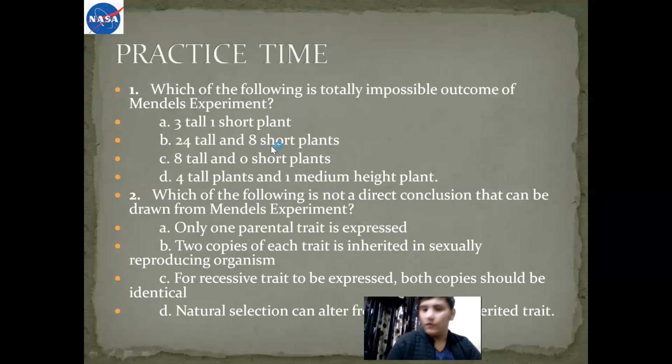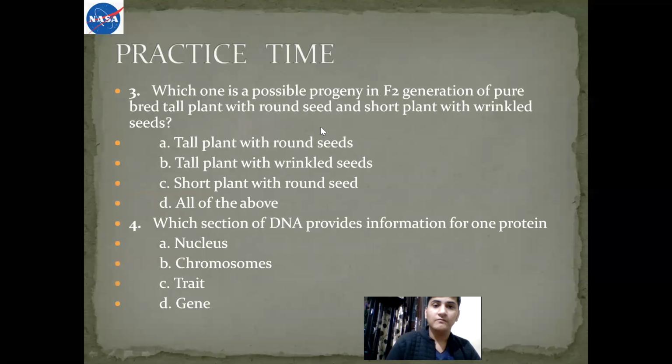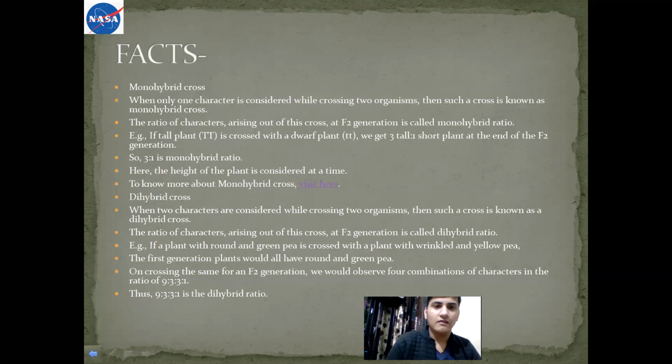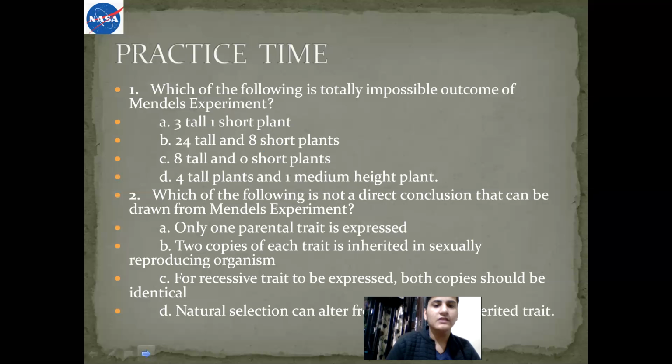This is the answer of Mendel's experiment, but that is a monohybrid cross. We have to tell about Mendel's experiment, so the answer will be 4 tall plants and 1 medium height plant.